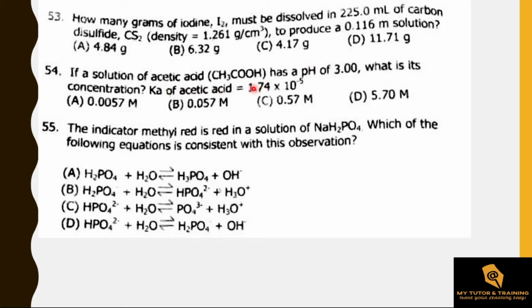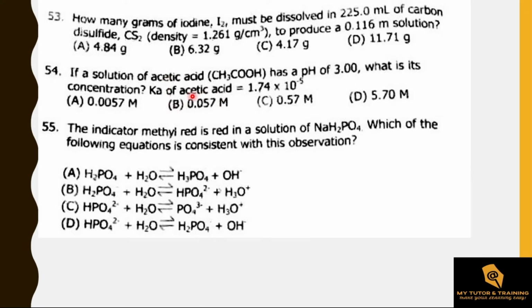So based on Ka and pH, you can calculate the concentration of acetic acid to be 0.057. That is the correct answer for this question, B.